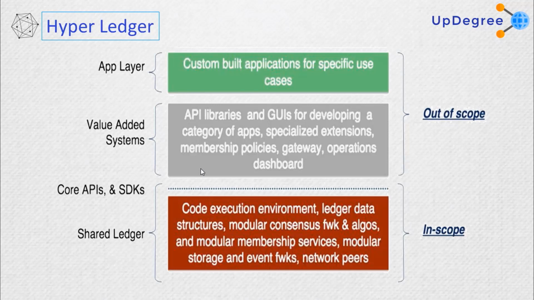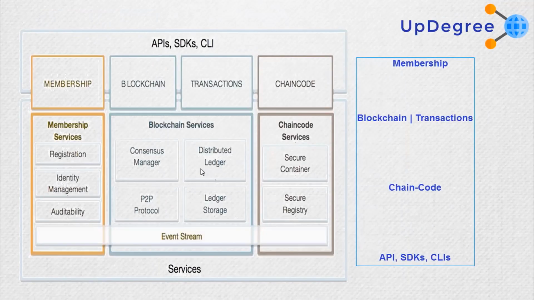It's a shared ledger at the bottom, and the top layer is the app layer, and the in-between layer is the libraries and SDKs. So you can see here, you have a services layer, an APIs layer, a blockchain transaction layer, and the entire thing comes with the consensus manager. It has a distributed ledger, storage, and a P2P protocol.